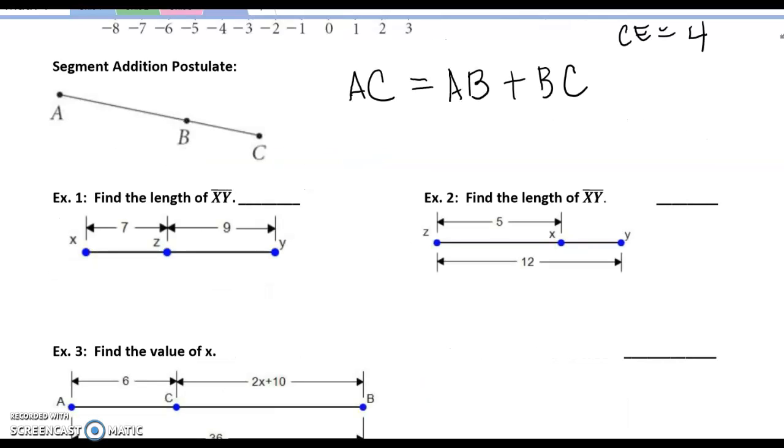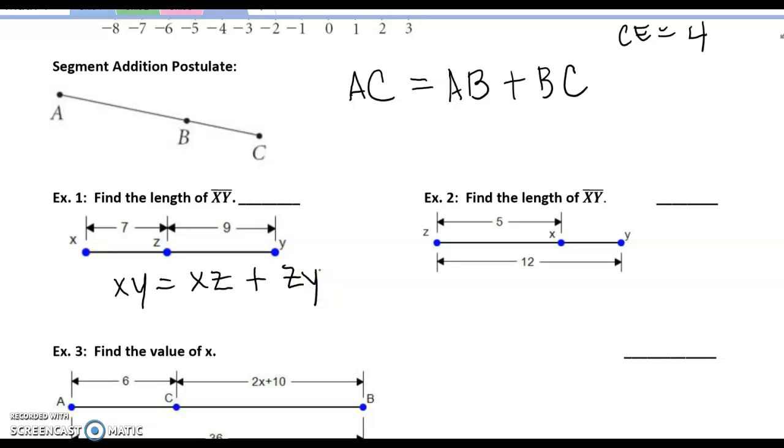Let's apply that postulate to example number 1. It says to find the length of segment XY. Looking at the picture, we see that the biggest segment there, XY, is the sum of 2 smaller segments, XZ and ZY.